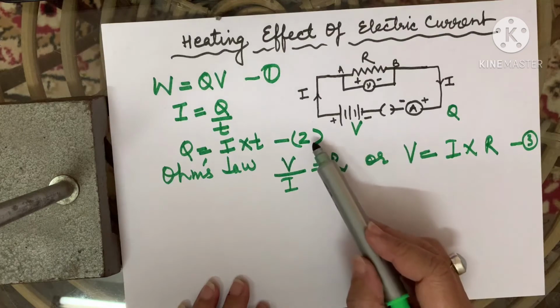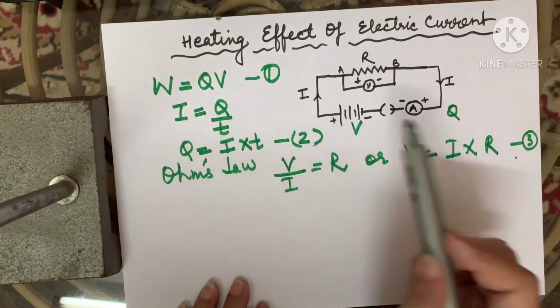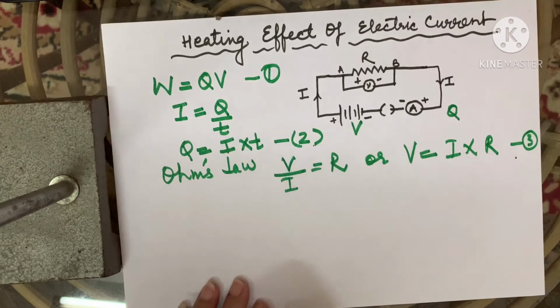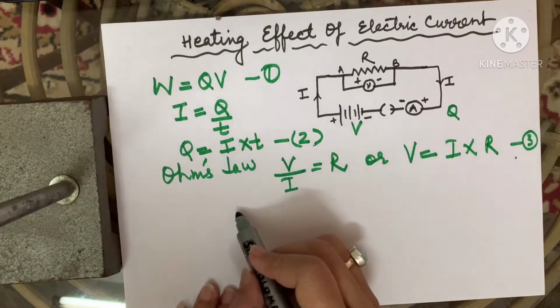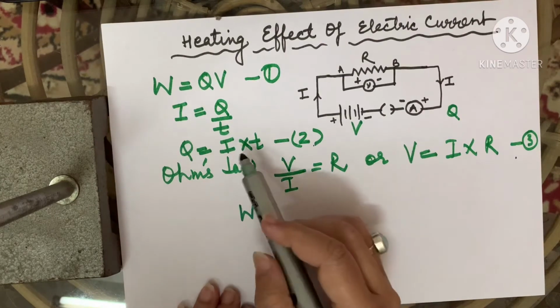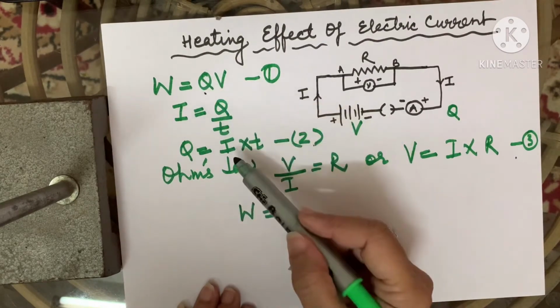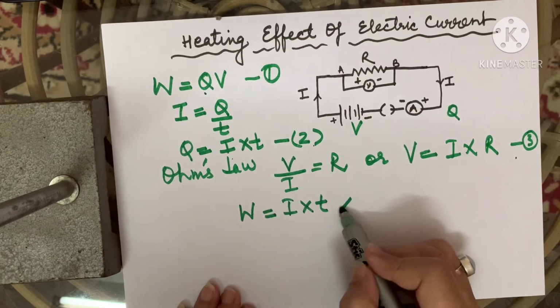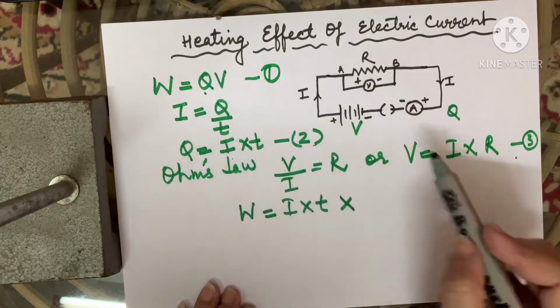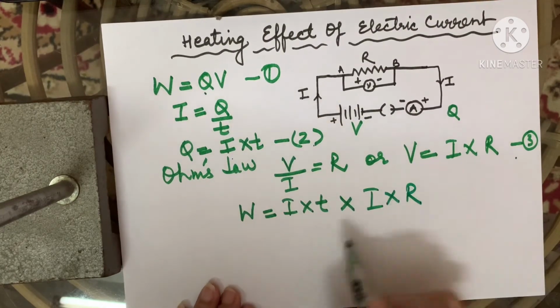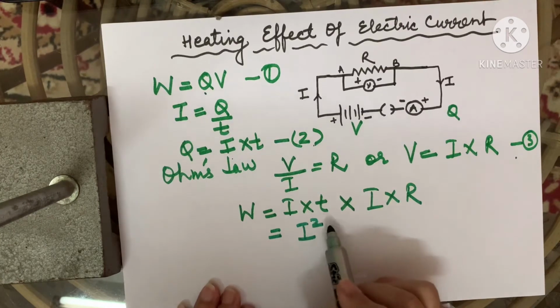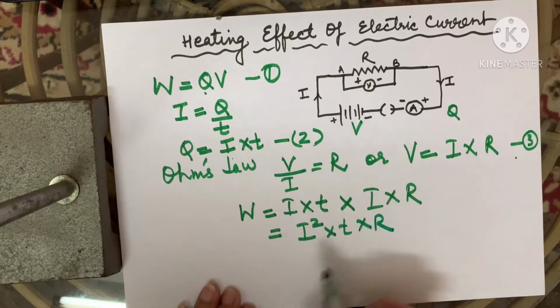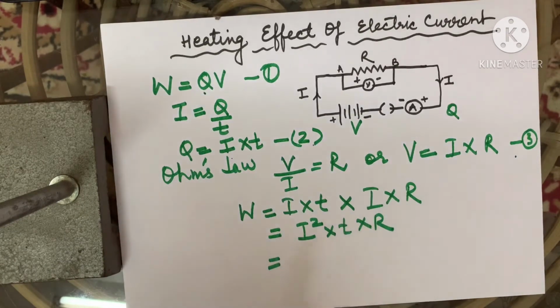Now putting these values of equation 2 and equation 3 in equation 1, let us write W = in place of Q we will write I × T, multiplied by V. In place of V we will write I × R, so W = I² × T × R. Now you have to assume something.